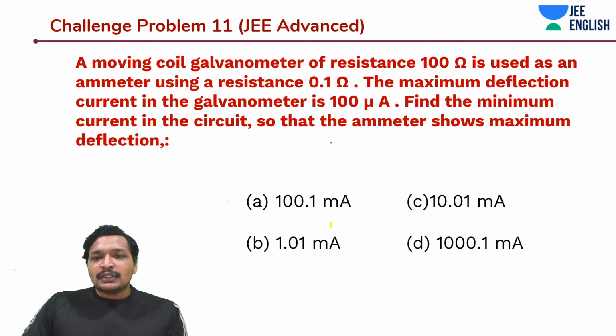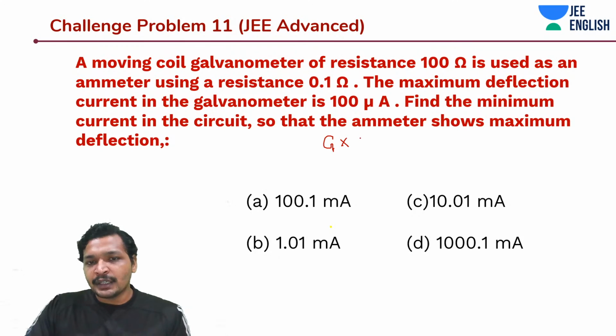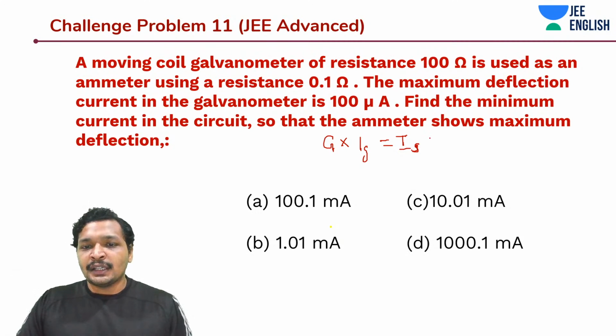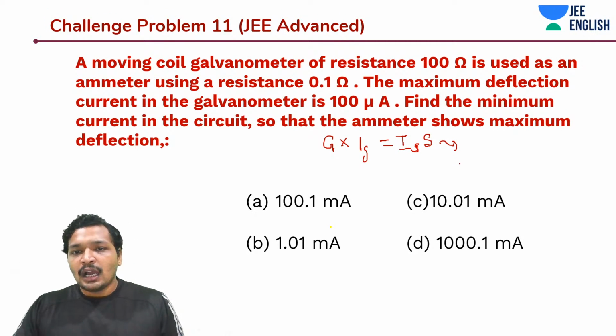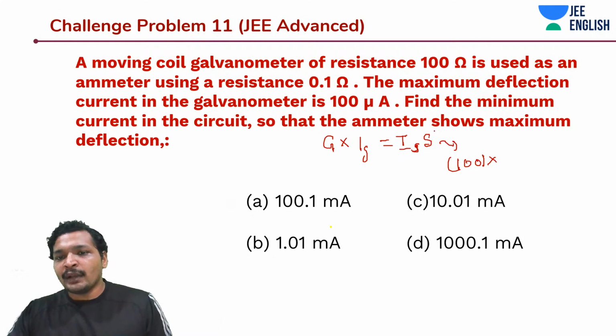So you are going to do the same thing: G into Ig, the resistance of the galvanometer into Ig, is equal to the shunt resistance into the shunt current. Which is going to be G into Ig, 100 ohms into Ig, which is 100 microamperes.